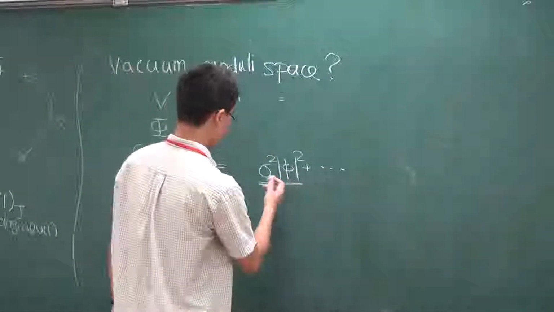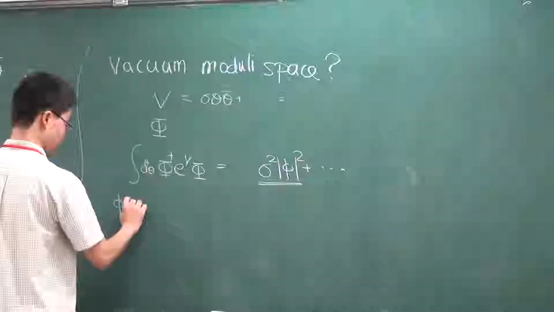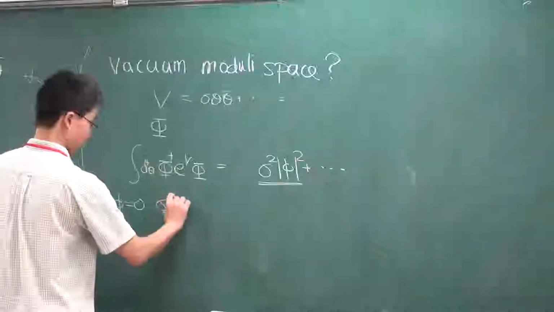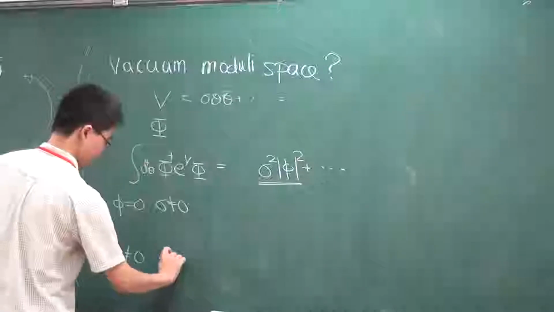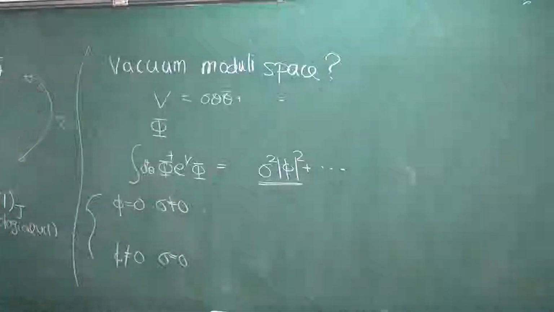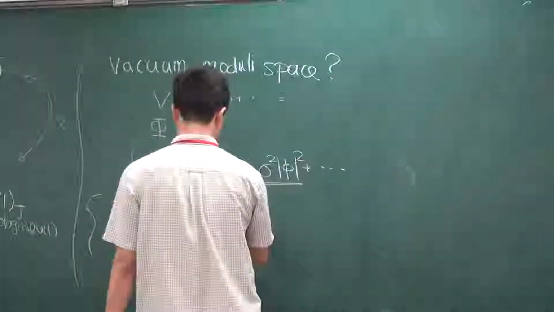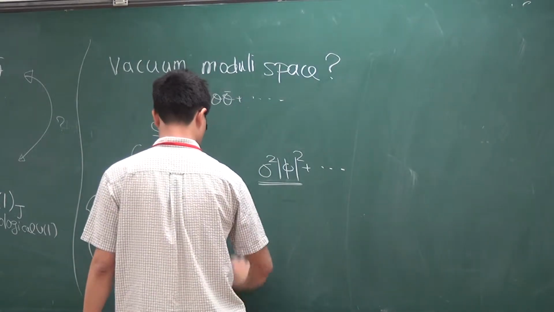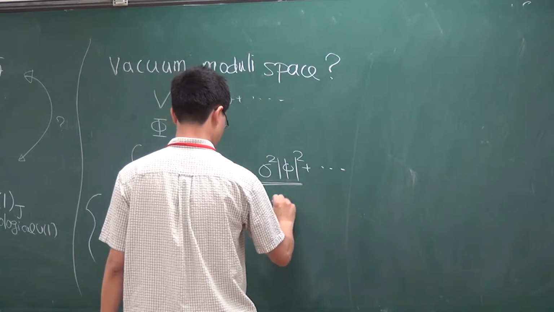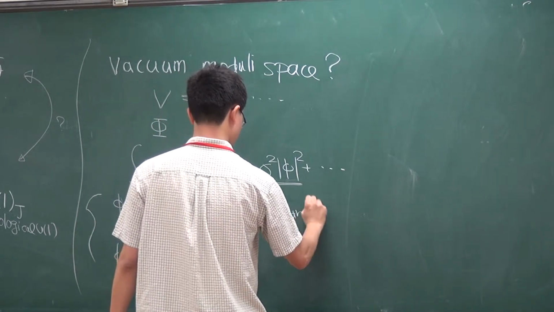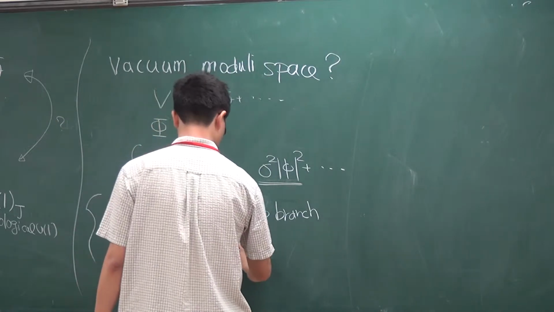Then there's one branch where phi is 0 and sigma is non-zero, or the other way around, phi is non-zero and sigma is 0. There are two different branches. This is the branch called the Coulomb branch, and this is the branch called the Higgs branch.